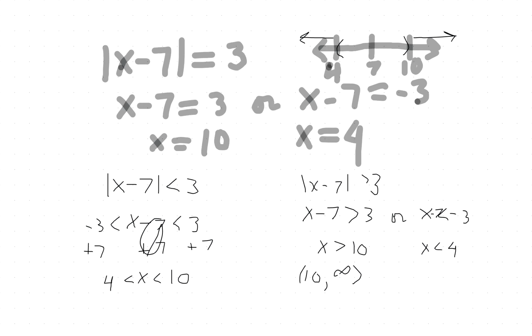And x is less than 4 would be from -infinity up to 4. So actually, we wouldn't want to put the union on this side. Going from left to right, we would have -infinity to 4, union 10 to infinity.